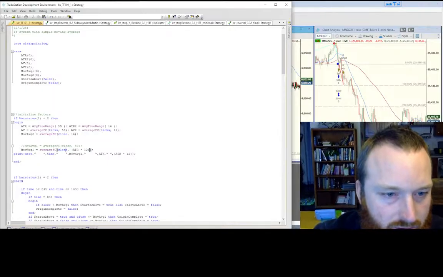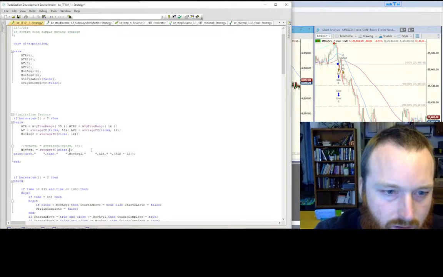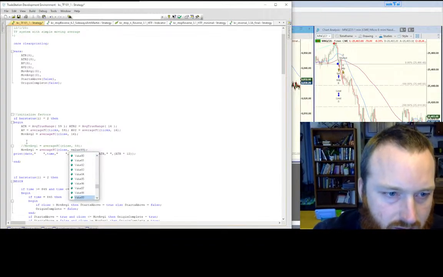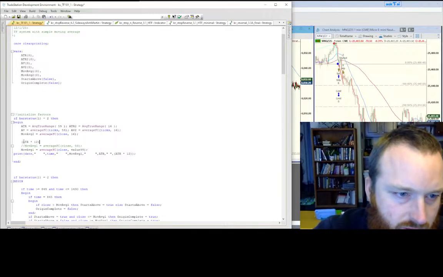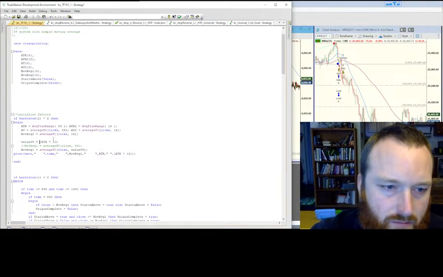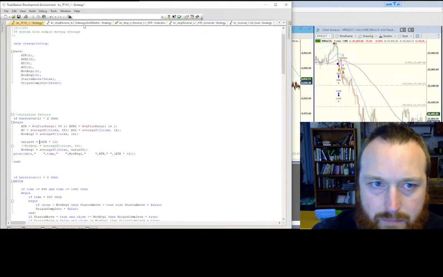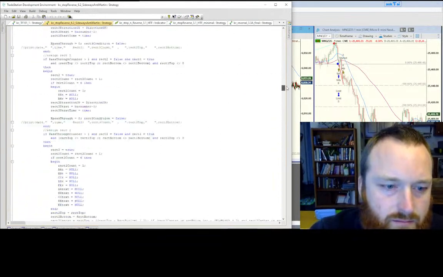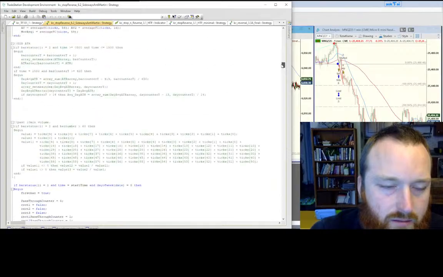So we're going to make this value 99. No, we're going to make this value 99. I always start from there. So let's do value 99 is equal to, we're going to round this. We got to find my rounding code.